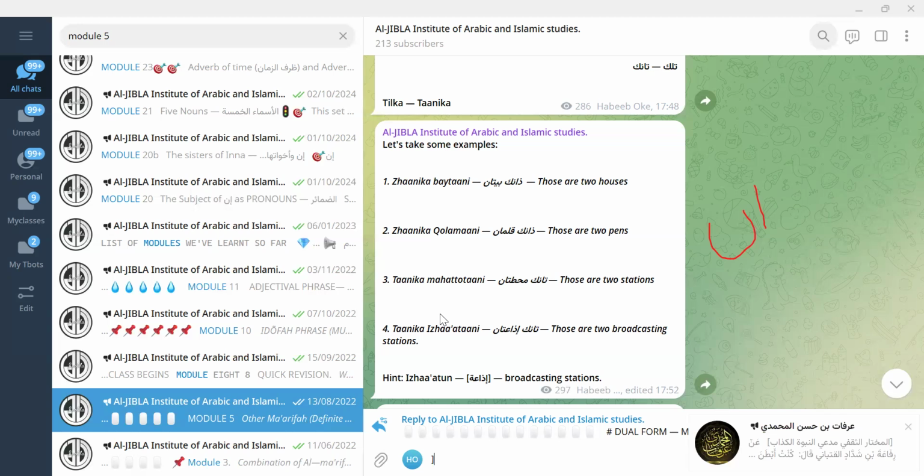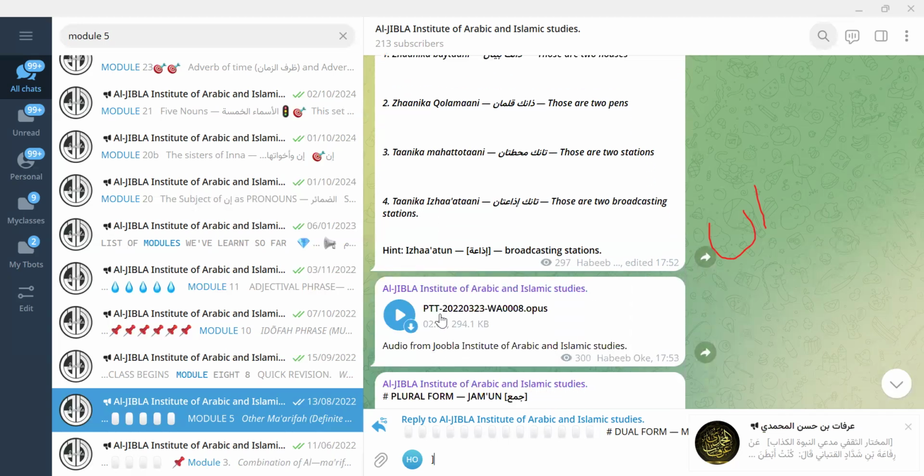Even though we use it for a broadcasting station, we can also use it for a radio channel, channel one, channel two, and all of that. Anything that has to do with radio stations and broadcasting, we use the word إذاعة.